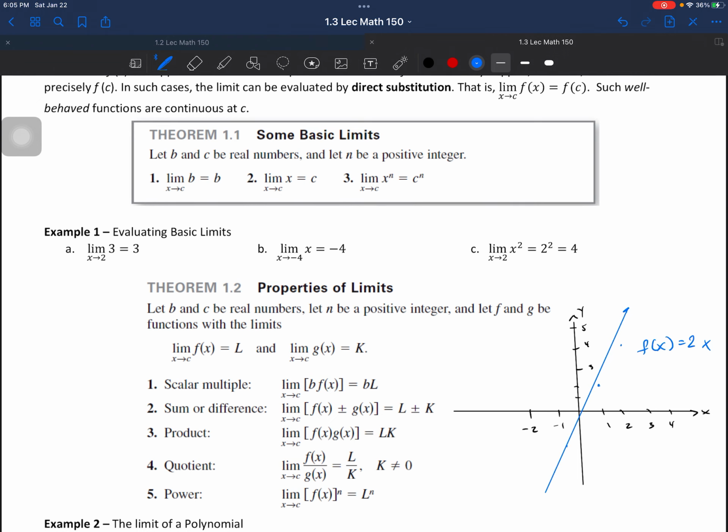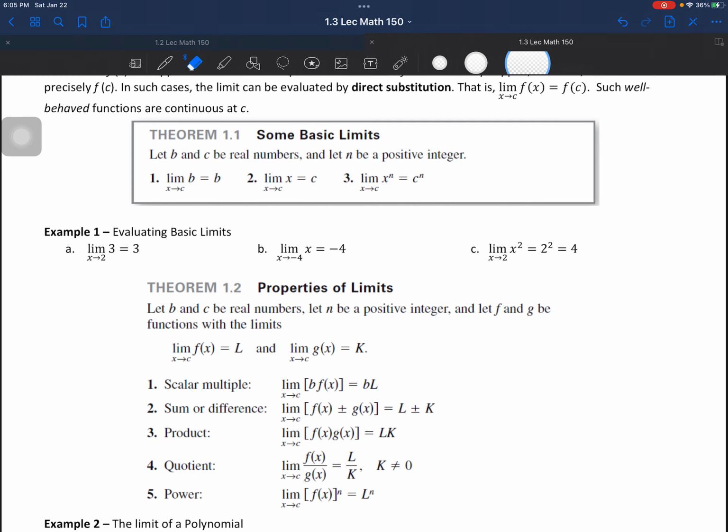So x approaches negative 4, what is the value of the function equal to? Oh, sorry, I drew the wrong one. Let me try this again.